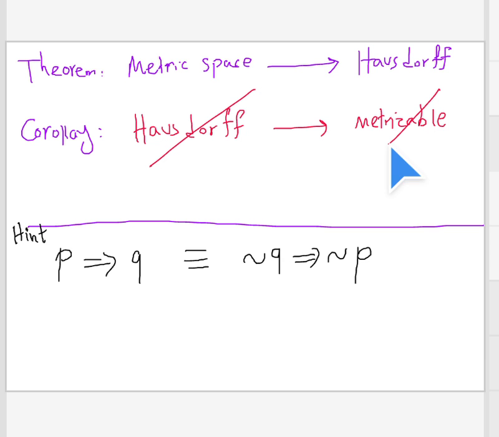Okay, this is not Q, then not P. I write it as follows.